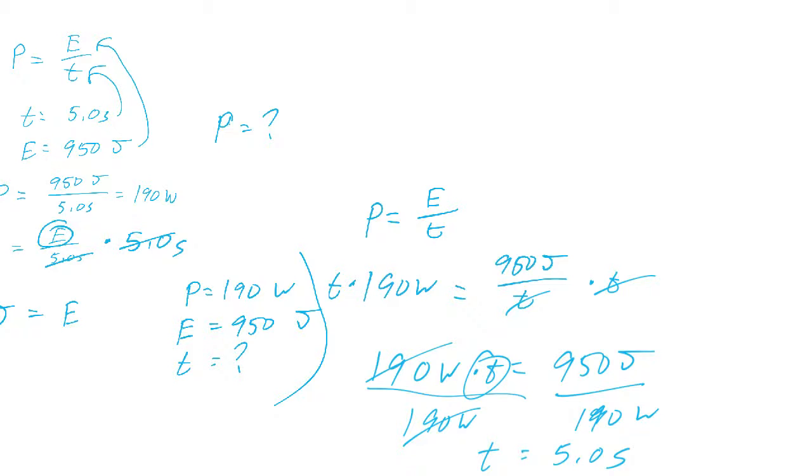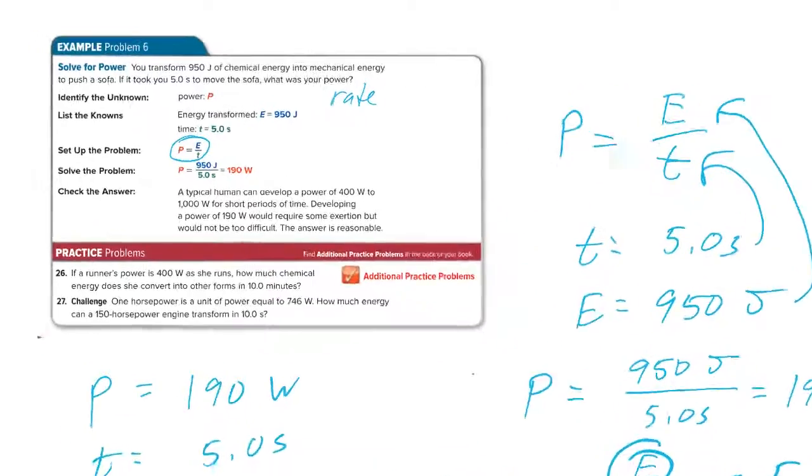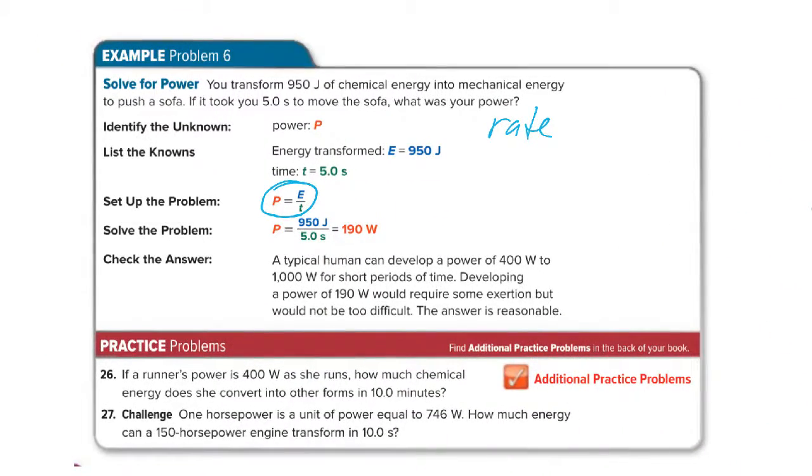So all of these problems are going to be done in a similar way. You're going to have to decide what you know out of these three, so it might be worthwhile for each one to go ahead and write this down: figure out what the power is, figure out what the energy is, and figure out what the T is. So for 26, you're given 400 watts, which is your power. You're given time in minutes.